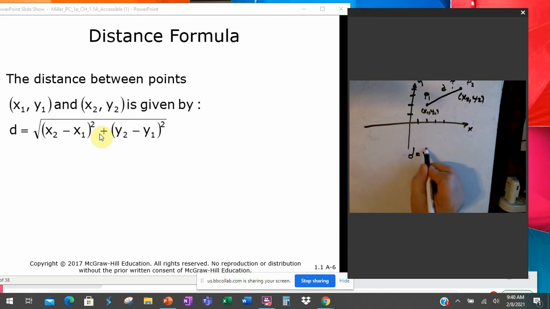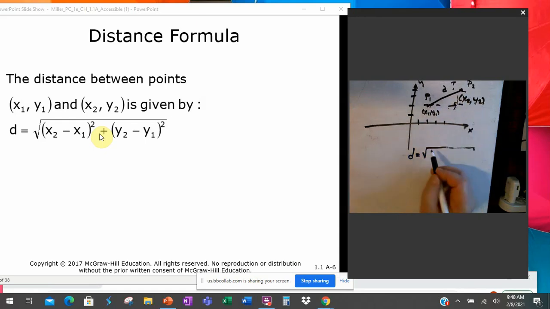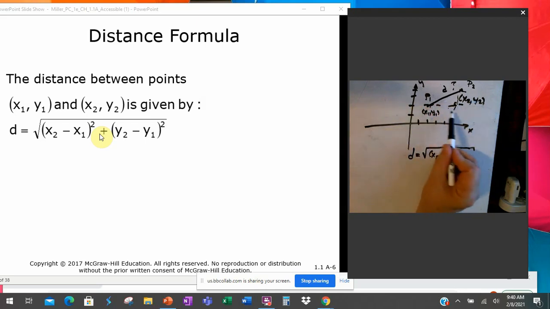It would be the square root. This is basically building a right triangle and doing the Pythagorean theorem, okay? And that's what this is going to say. It's going to take x2, the second one, minus the first one, x1. That's simply the distance here, a straight distance between two points.